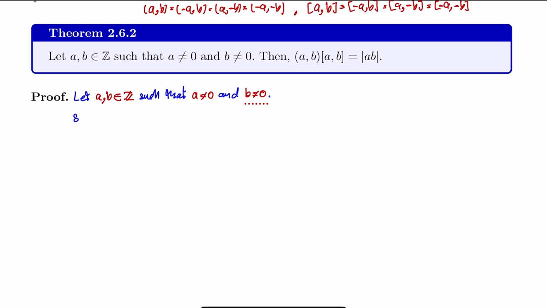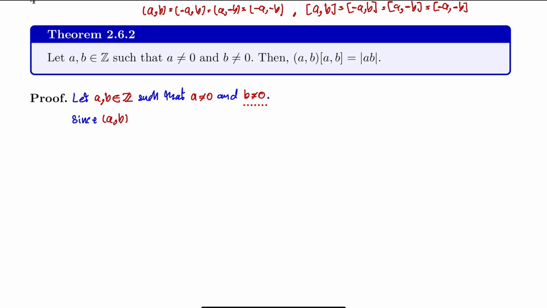So I have to write it like this: the greatest common divisor of a and b, which is the greatest common divisor of the absolute value of a and the absolute value of b, because the greatest common divisor of a and b is the greatest common divisor of minus a and b, and of a and minus b, and of minus a and minus b.